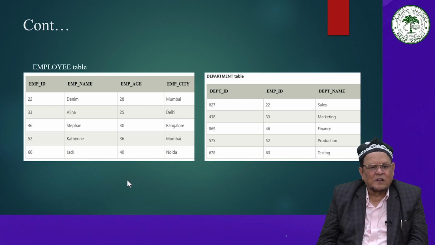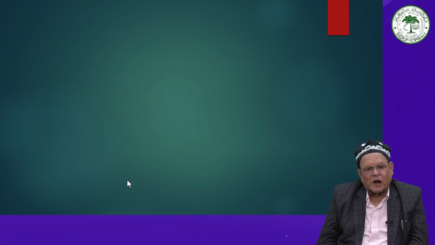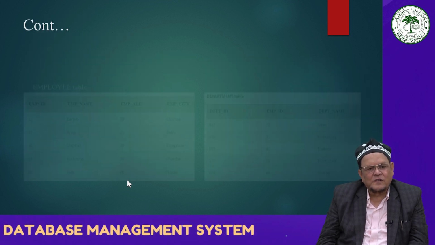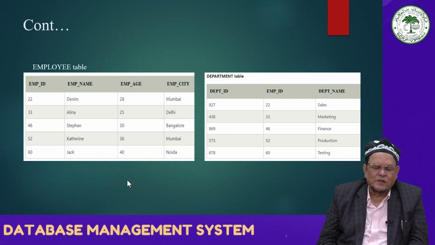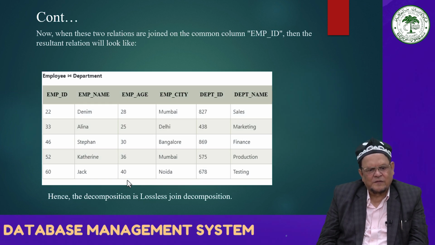The original also has 5 rows, and after decomposition and joining, also 5 rows. So in this way, we can say this is lossless. Hence, the decomposition is a lossless join decomposition.